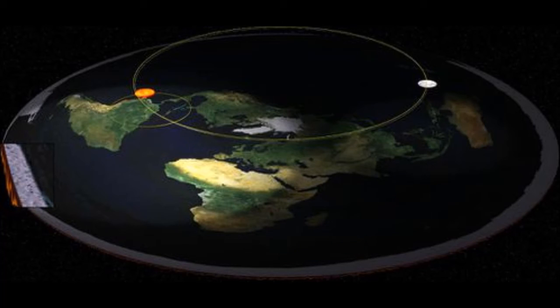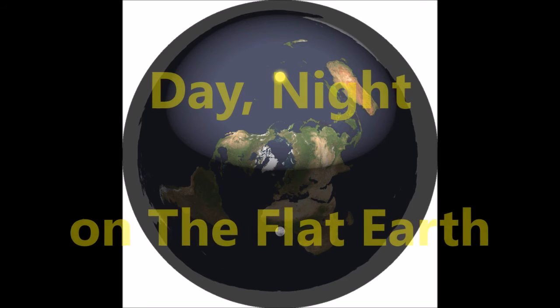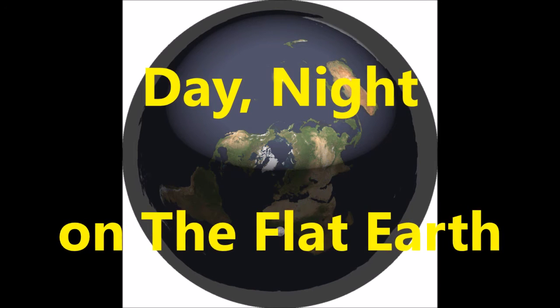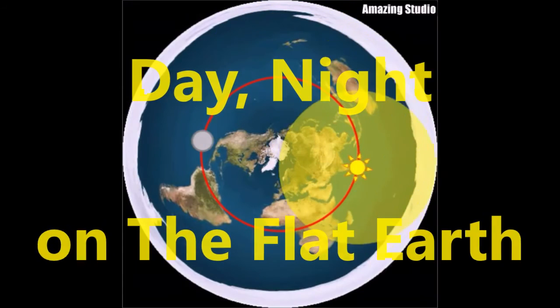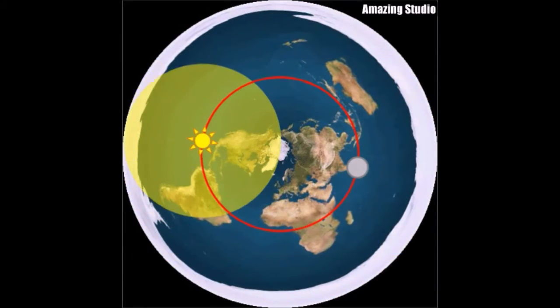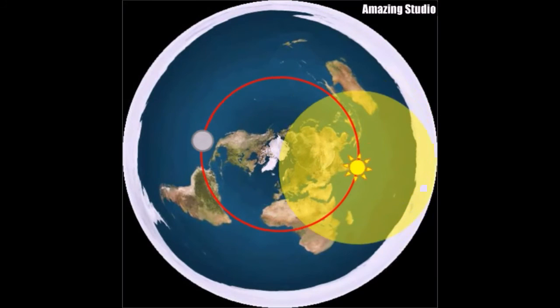This comes from a side view. This comes from a top view. This is another top view with a little bit more color. And as you can see, it works out quite well.